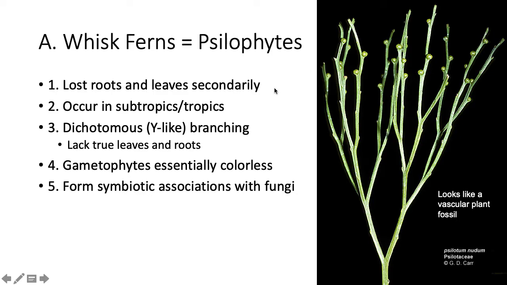And through the course of evolution, it looks like they lost them secondarily for whatever reason. They occur in the subtropics and tropics, so again, warm areas. Unique feature about whisker ferns is this dichotomous Y branching. And you know, you can understand why they call it a whisker fern, because you turn it upside down, it looks like you could stir something with it.